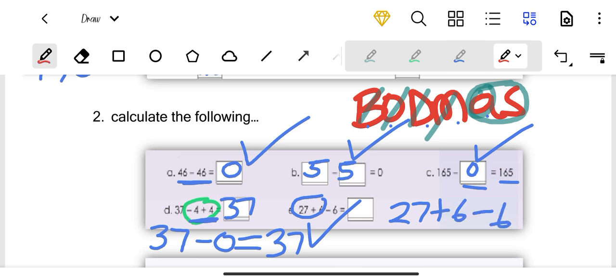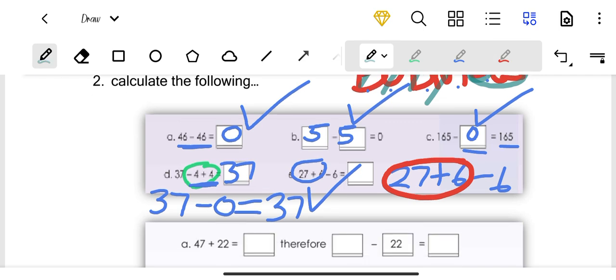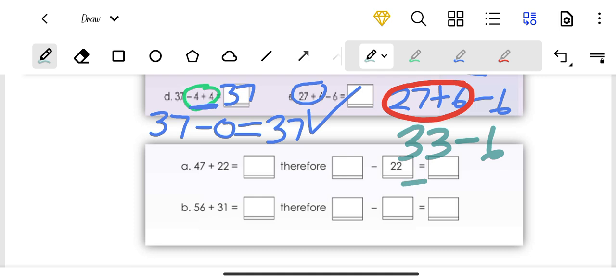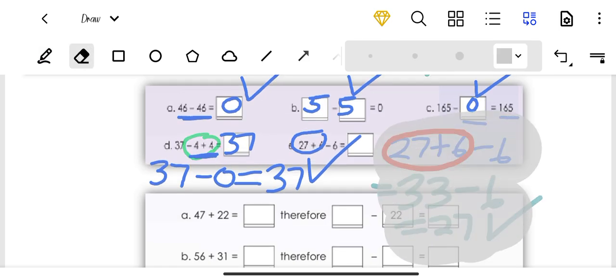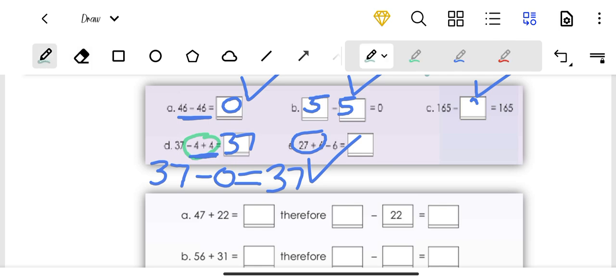So we're going to start off with this part, which is simply going to give us, let me see, I think the answer is 33 minus 6, which is simply going to be equal to 27, and you are done. So it means that the answer there is 27. So here, let me just use red, so the answer here is 27, and you are done.